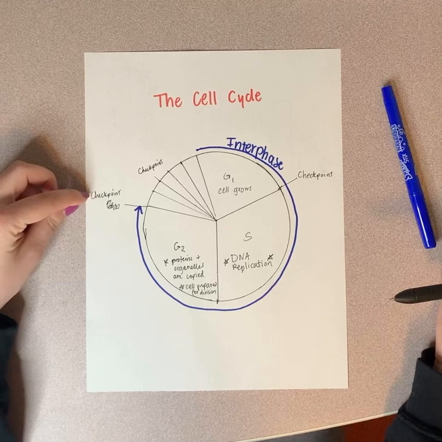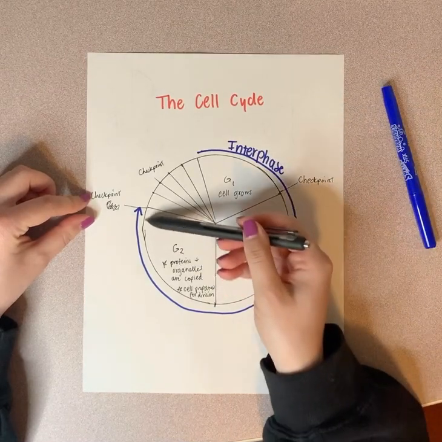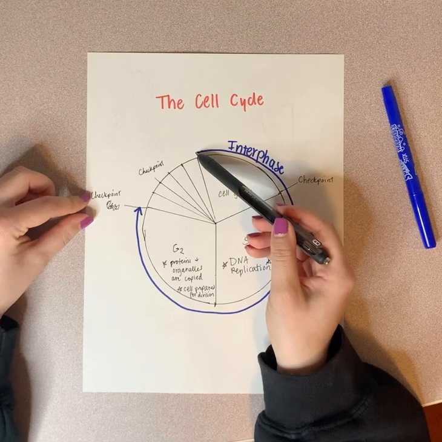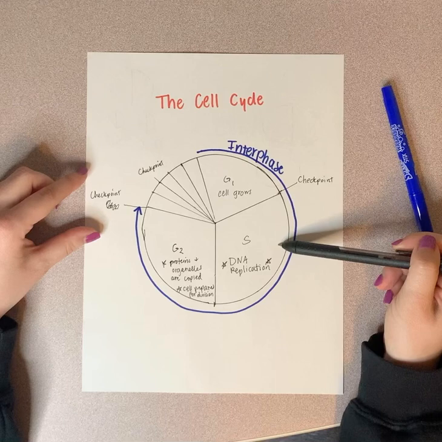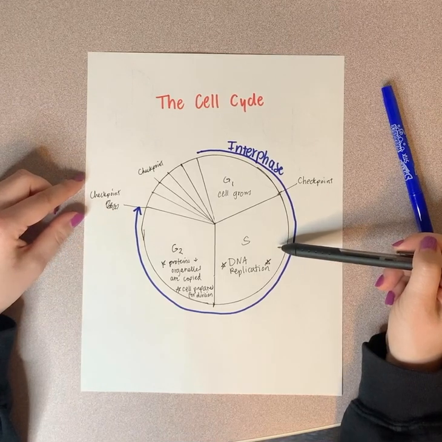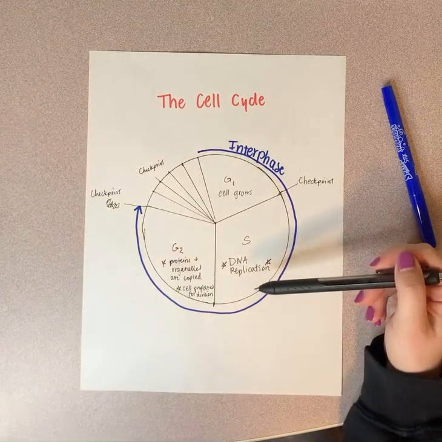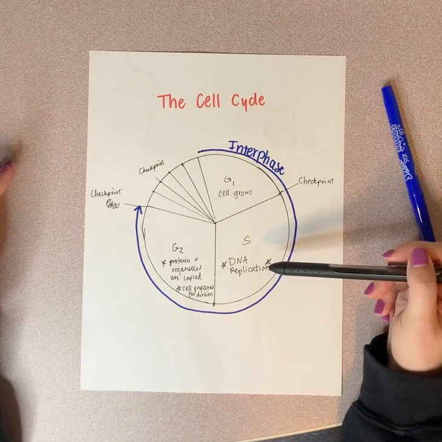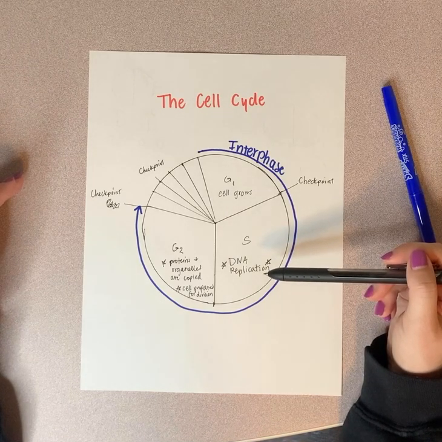This checkpoint is really, really vital, this one right here. It says, does this cell have everything it needs to divide correctly before this whole section here, okay? This one's also important. It says, you know, should we be replicating our DNA? Are we ready to replicate DNA? Because if the cell has 2 copies of each chromosome, then it is going to be dividing, right? So these checkpoints are in place to regulate cell growth and cell division.